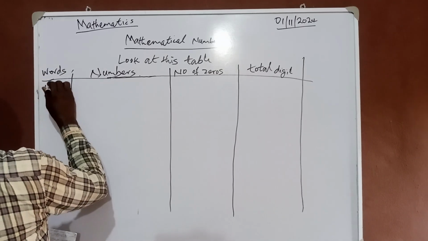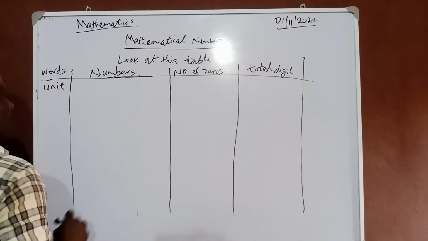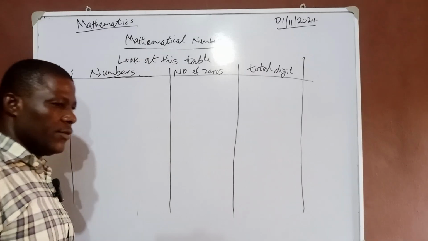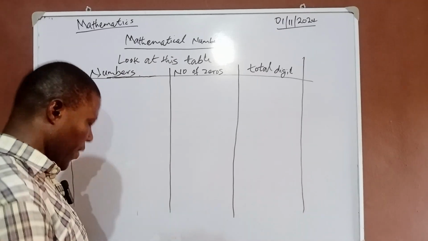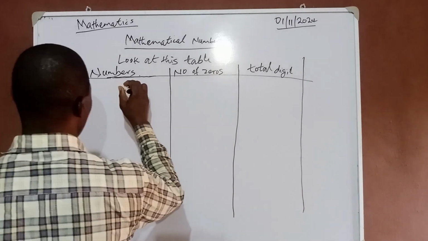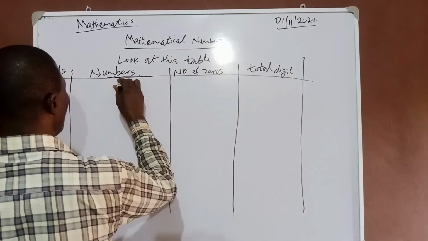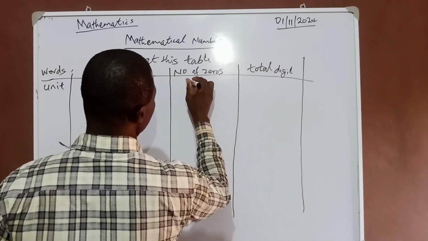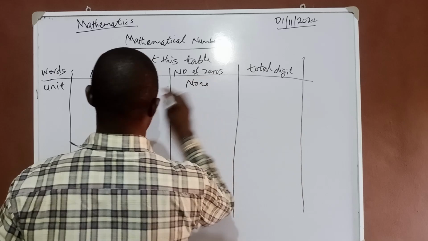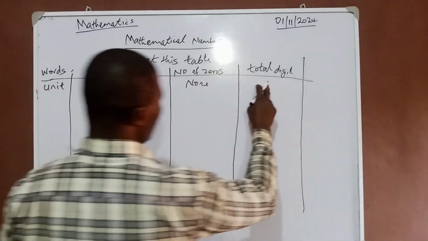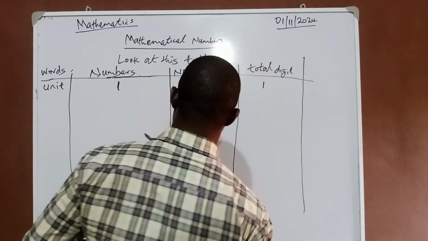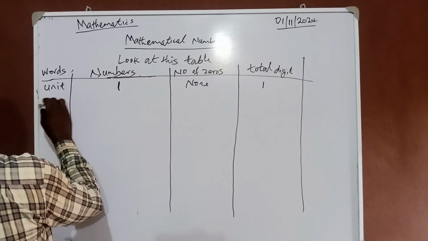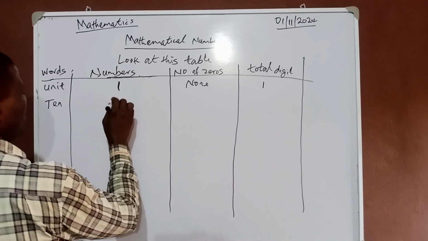Watch here. This is unit. A unit is any number that is single, such as 1, 2, 3, 4, 5. For example, this is 1 here. Under number of zeros: none, because there is no zero attached to it. Number of digits: 1. Then, as we move ahead, the next one we have is 10.